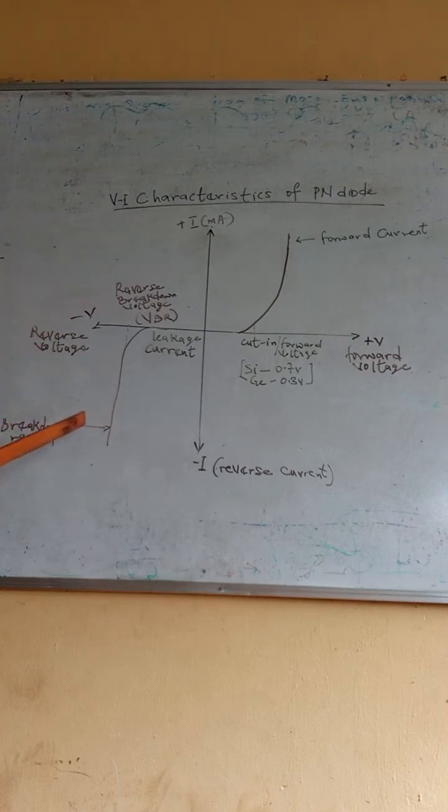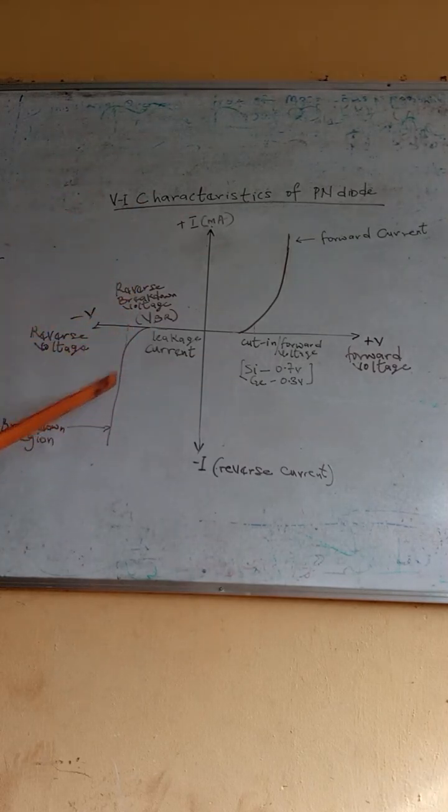And the reverse bias voltage that can burn the PN diode is called the reverse breakdown voltage. At reverse bias condition, the voltage that can damage a PN diode is called what? Reverse breakdown voltage, because we don't expect current to flow in reverse bias condition.